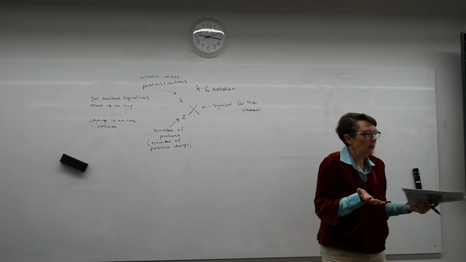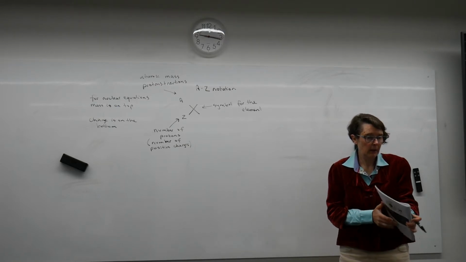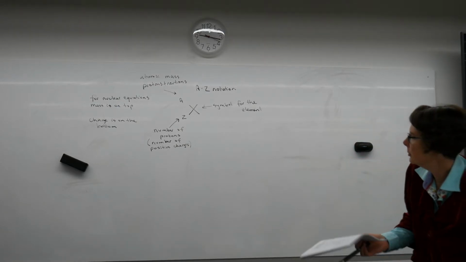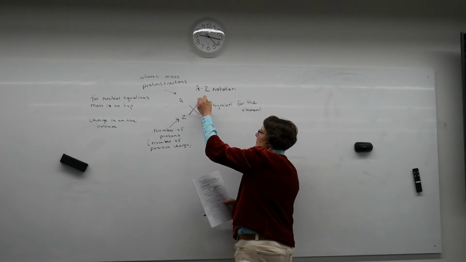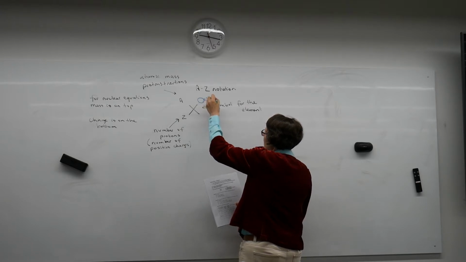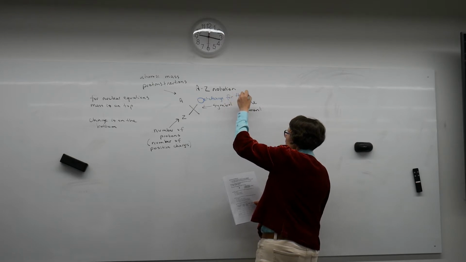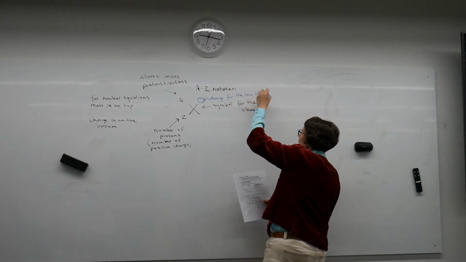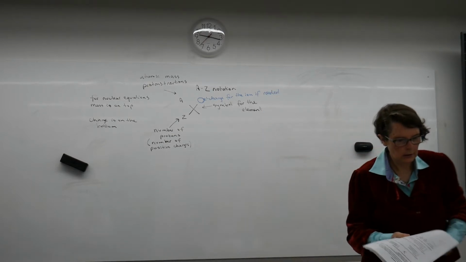And if it happened to be an ion, like we saw on the previous page, we would put the charge for the ion up here in this top right-hand corner. Does that make sense?